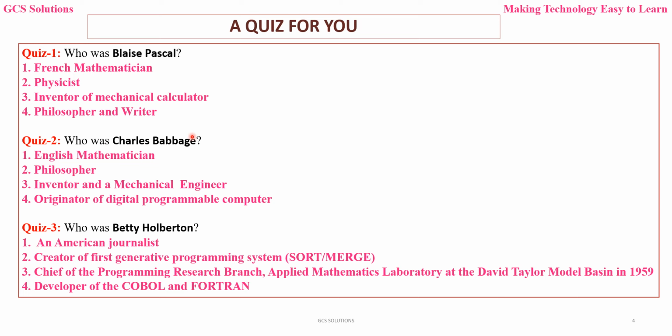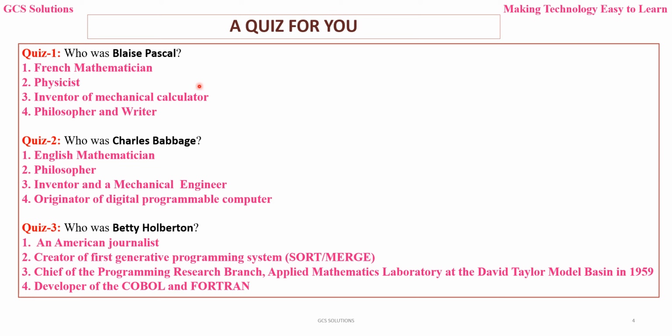Perhaps you may have different choices. Someone may say option 1 is correct, option 2 is correct, or 3 is correct, or 4 is correct, or 1 or 4 is correct. What do you think? I pause a while, think, and then tell.